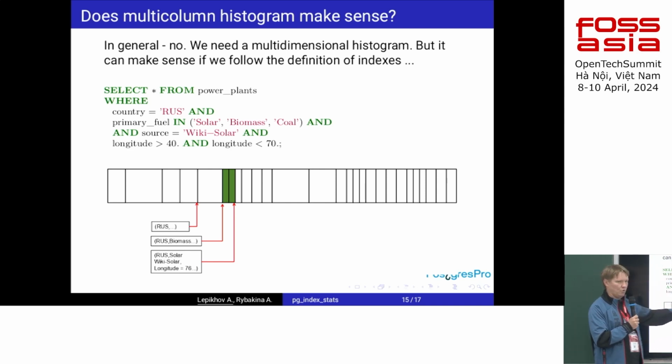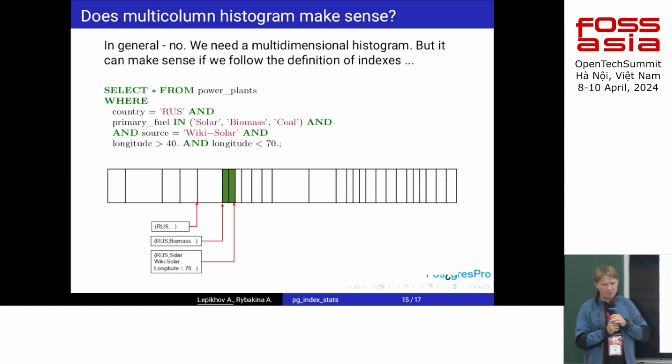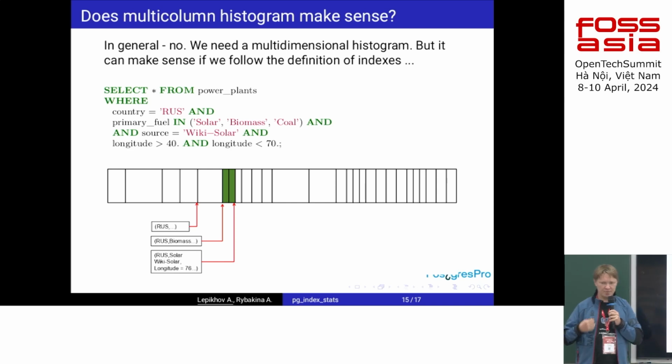So we look for the left boundary and the right boundary, and see how many tuples can get into this histogram. Sometimes it overestimates our data, but definitely doesn't underestimate, and that's already a good result.